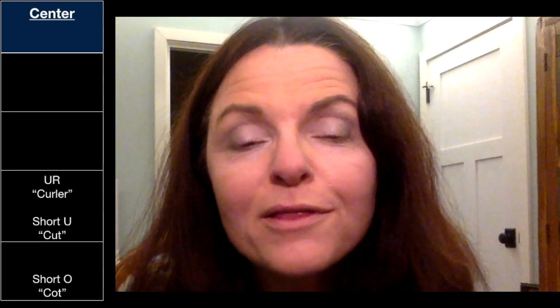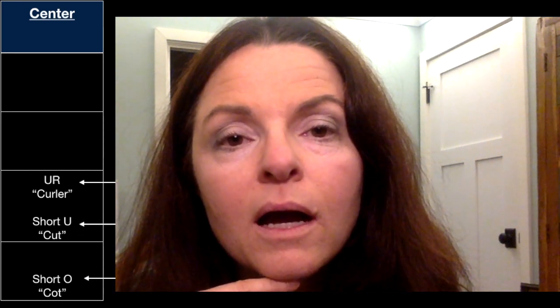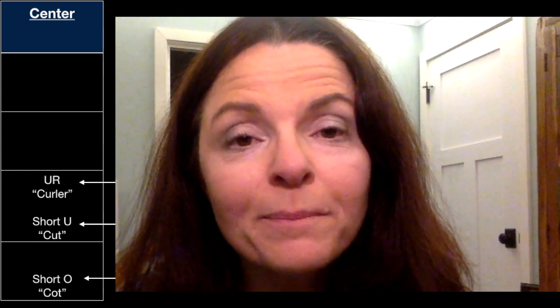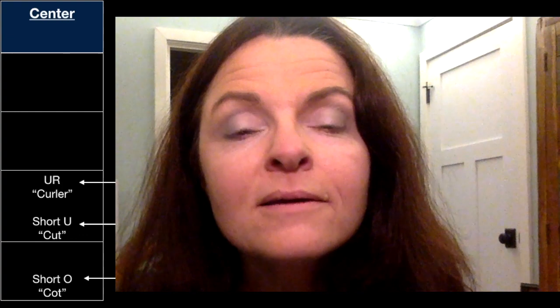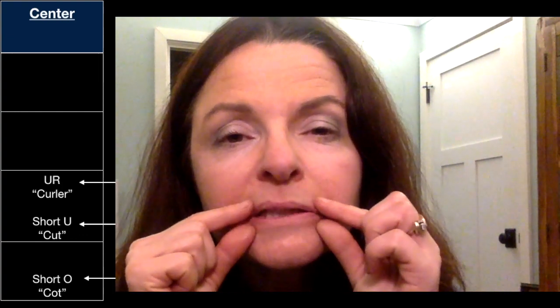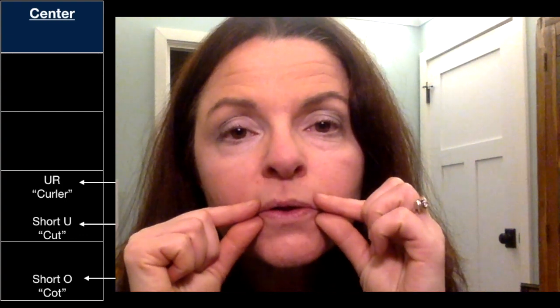Now let's look at all 3 central vowels, which have a flat tongue. Notice how my chin was dropping between each one. For the first, we want to pinch the corners of our lips and pull your tongue backward like you're going to swallow it. Your tongue should be all the way backward.